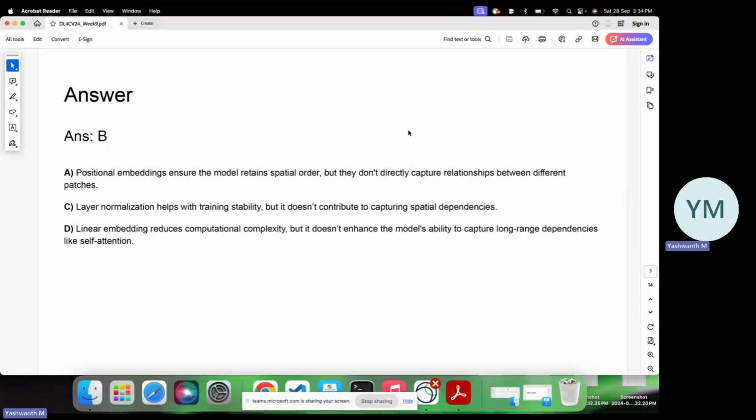A is incorrect because positional embeddings ensure the model retains the spatial order, but they don't directly capture the relationship between the different patches. Layer normalization helps training stability, it doesn't contribute to capturing the spatial dependencies. And linear embedding reduces compression but doesn't enhance the model's ability to capture long-range dependencies like self-attention.